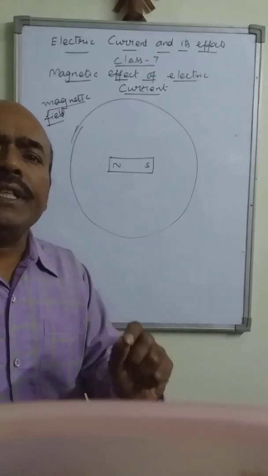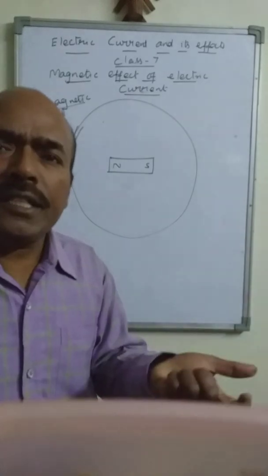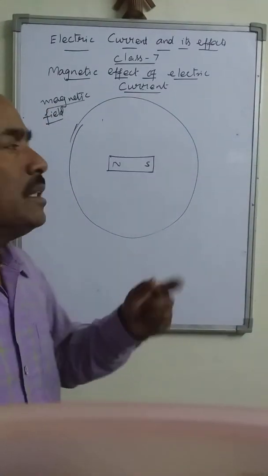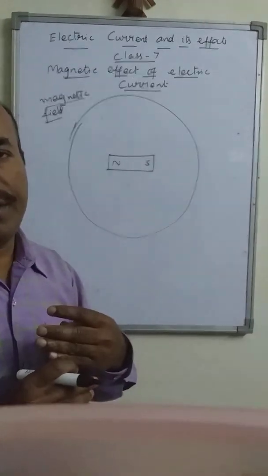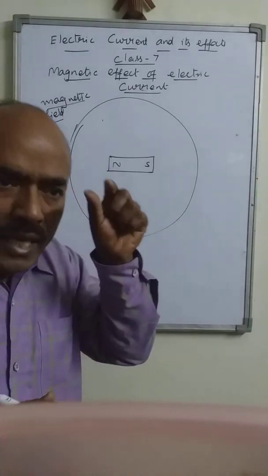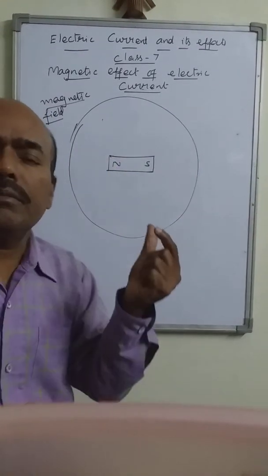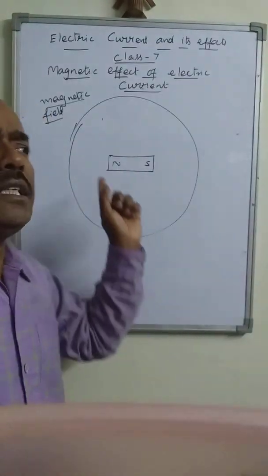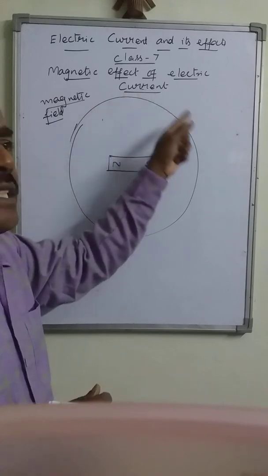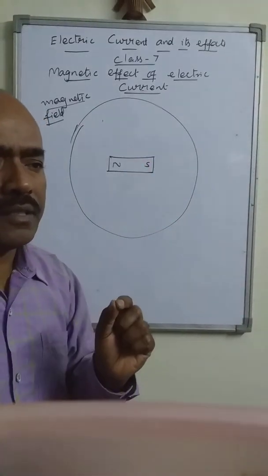This magnetic field is developed by every magnet, but the extent of this magnetic field is different. That depends on the strength of the bar magnet. If its strength is less, then the extent of magnetic field is smaller.